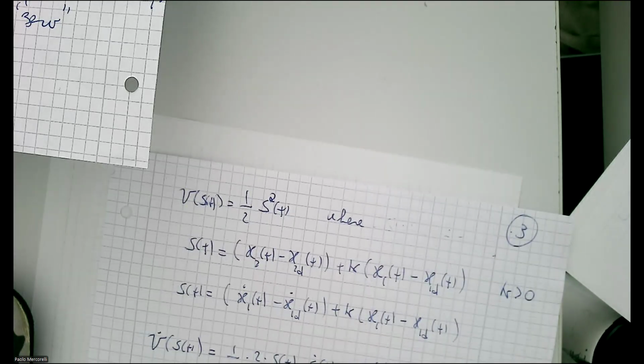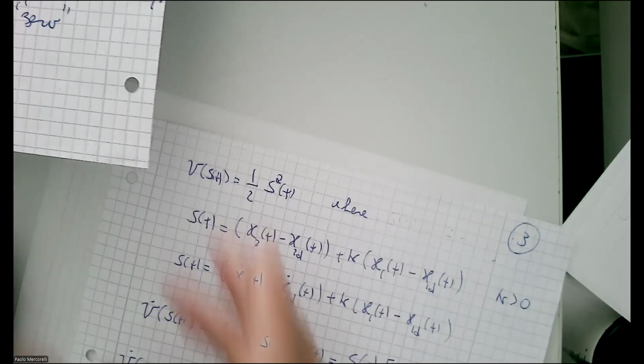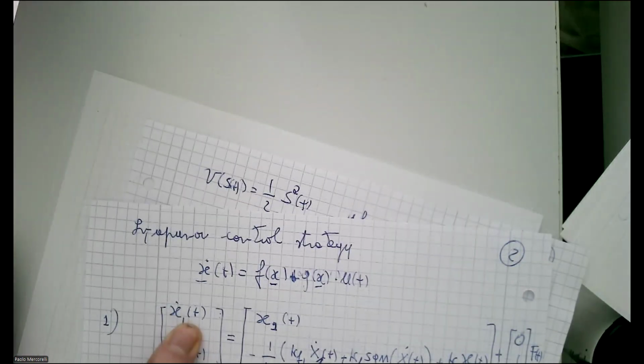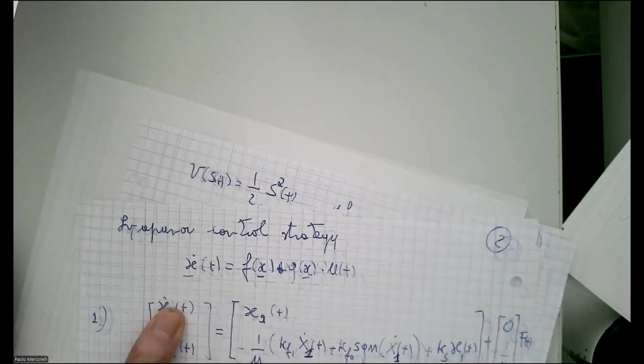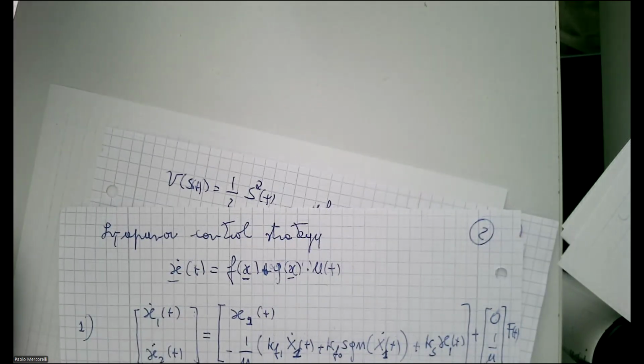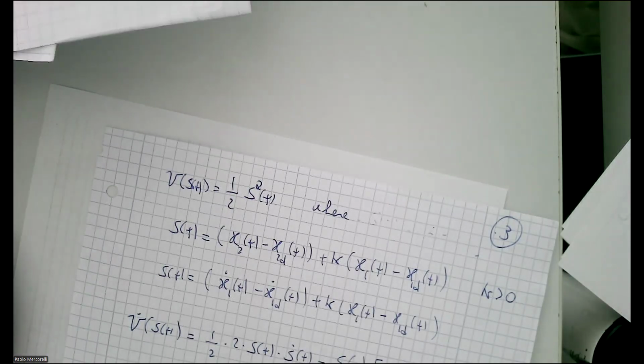Of course, x2 is fixed by the system, because if I fix the goal for x1, x2 is the derivative of x1. I cannot change. Therefore, we're speaking about the relative degree of x1 related to f, or vice versa, f related to x1.